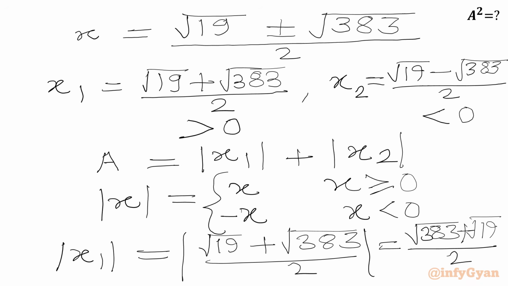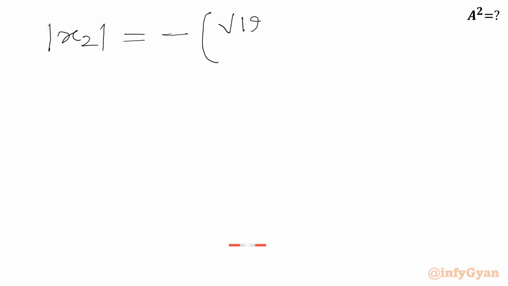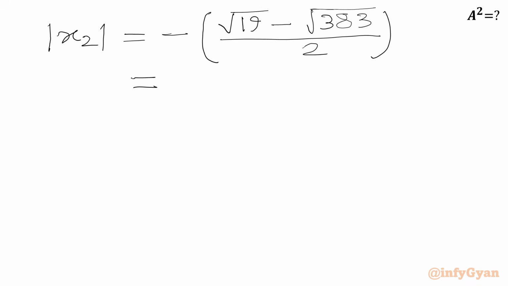But in case of x2, as x2 is negative, we have to consider the minus sign. So mod of x2 equal to minus of square root of 19 minus square root of 383 over 2, which will be equal to square root of 383 minus square root 19 over 2.